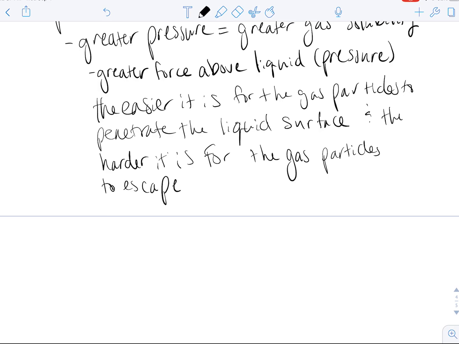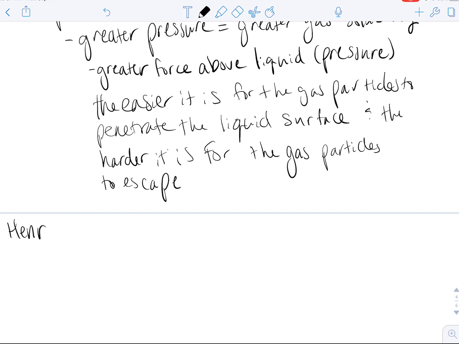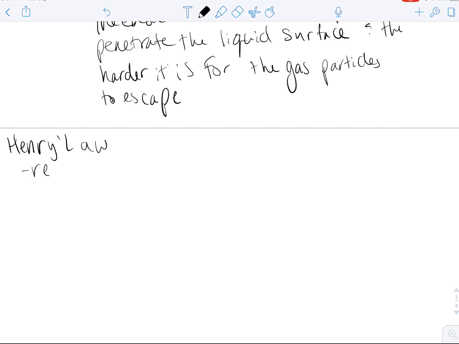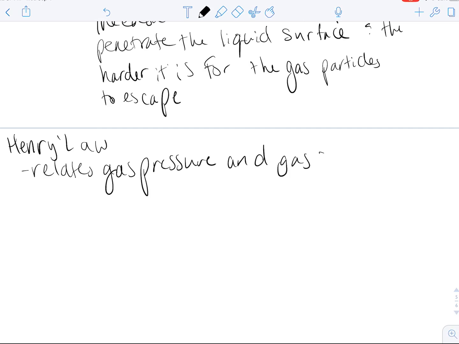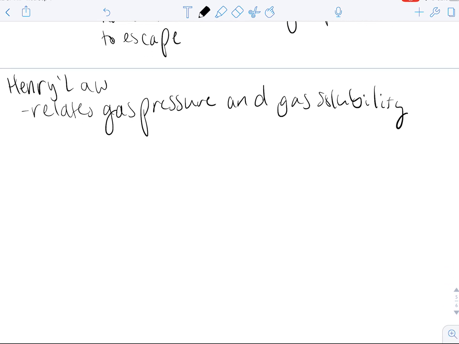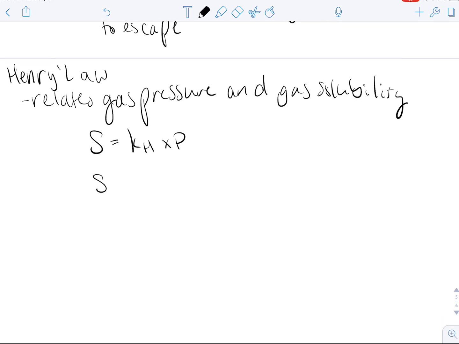We relate gas pressure and solubility using Henry's law. Henry's law is S equals KH times P. S is the solubility of the gas.